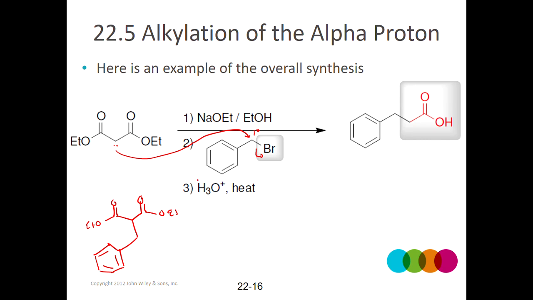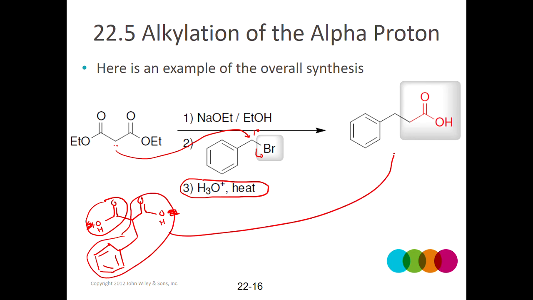Then in step 3, the H3O plus and heat accomplish 2 things. They accomplish cleavage of the ester to produce carboxylic acids, and they accomplish a decarboxylation of one of the carboxylic acid groups to give the product, which is basically this structure here. That goes through the mechanism we just saw.